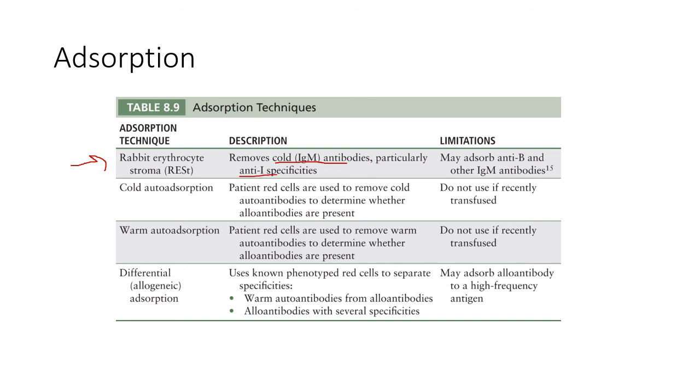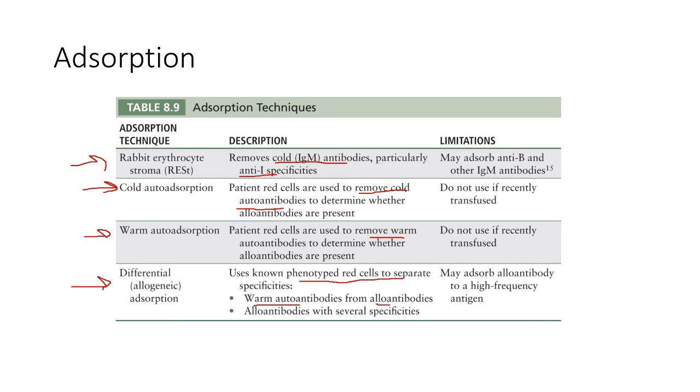Cold autoabsorption: patient cells are used to remove cold autoantibody. Warm autoabsorption, and there's a reagent called WARM. Patient red cells are used to remove warm autoantibodies. And differential allogeneic absorption uses known phenotype cells to separate specificities, separating the warm autoantibodies from alloantibodies.